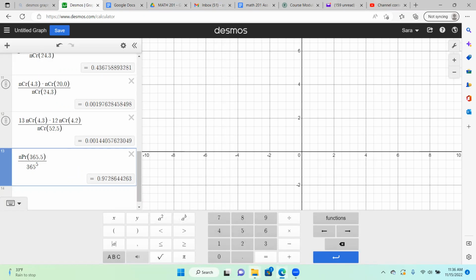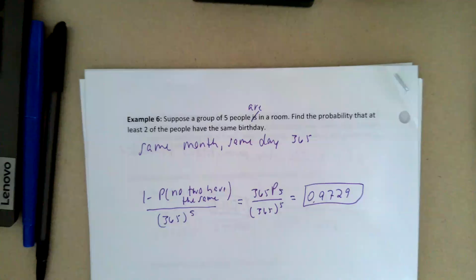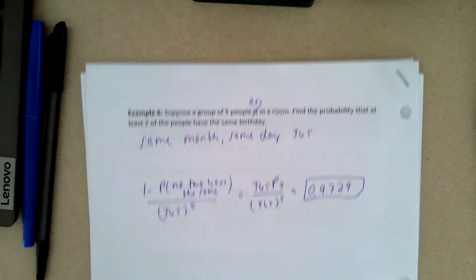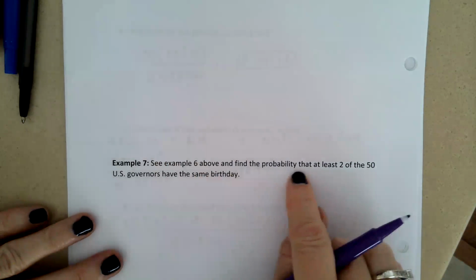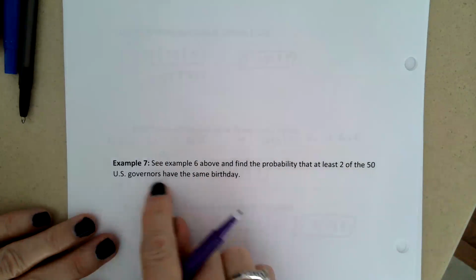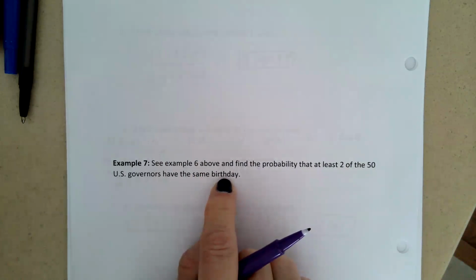Okay. Now the last problem, example 7, is similar to this example 6, except for it's about the 50 governors of the states in the United States. It says, see example 6 above, and find the probability that at least 2 of the 50 US governors have the same birthday.